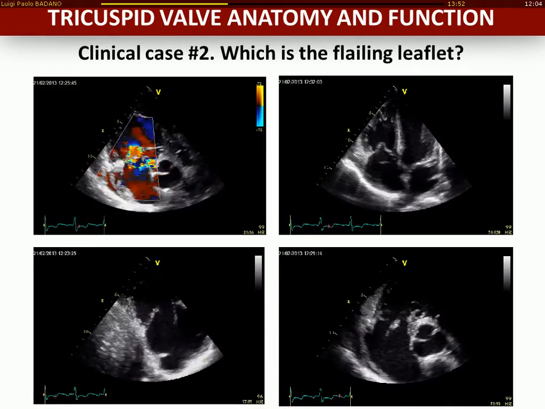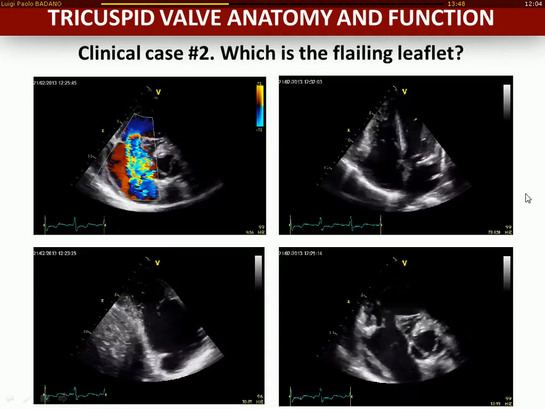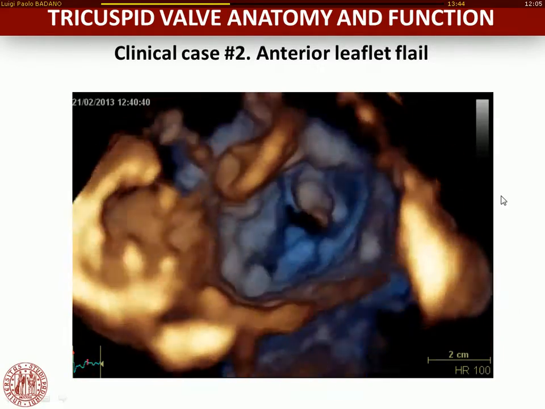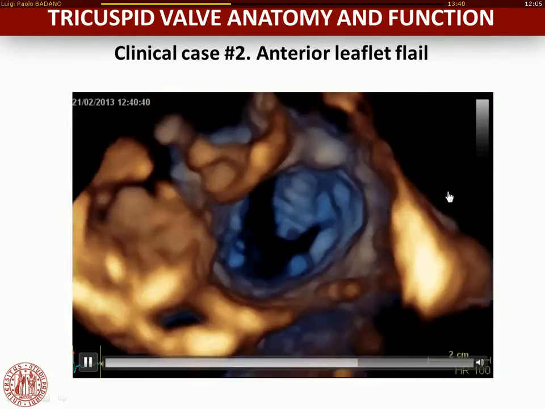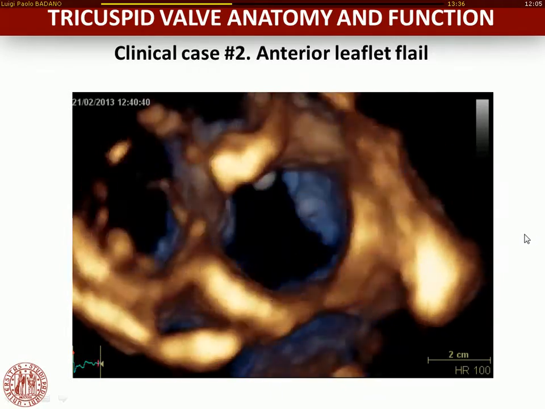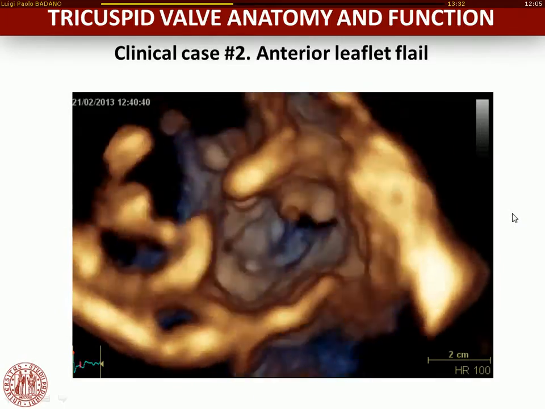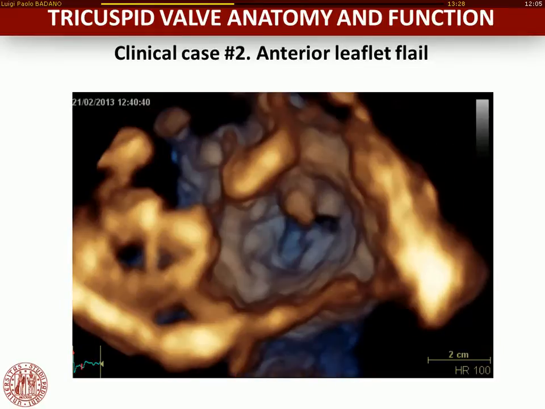And this is because we have not a comprehensive view of the valve. But if we get this type of images, an unfaced view of the valve from the atrial perspective, everyone in the audience can easily identify the flailing of the anterior leaflet. And this is not because in this audience there are bad echocardiographers, but because it is objectively difficult.